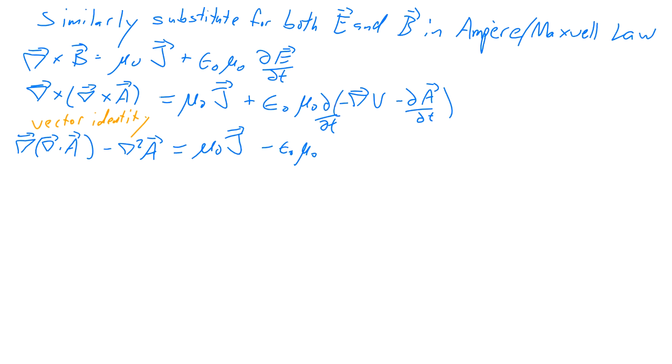As we've done many times before, we can switch the order of our temporal and spatial derivatives. And then here we've got d dt, so we've got two time derivatives.